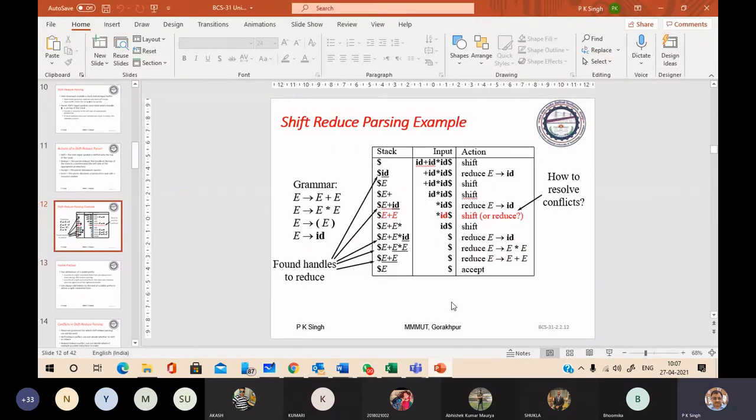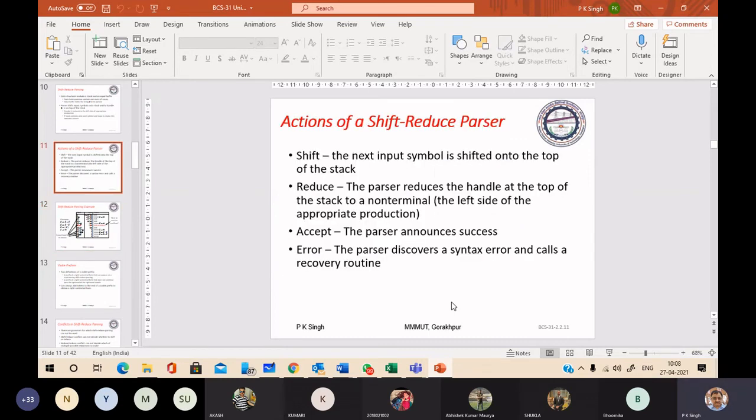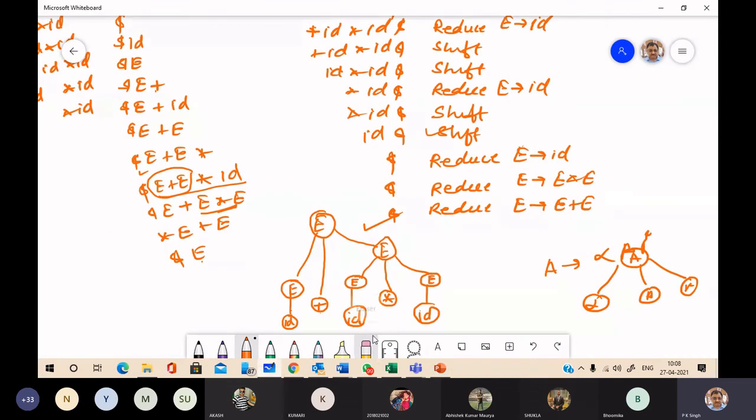One thing more: here you have seen that we discussed the shift-reduce conflict. We may have one more type of conflict, called the reduce-reduce conflict, that we'll discuss when we discuss LR parsing.